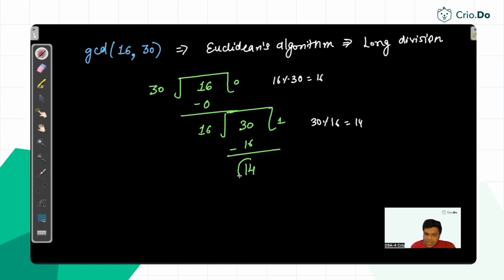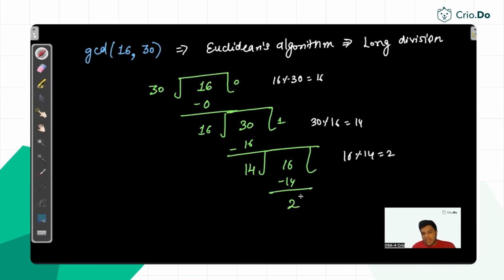Since this remainder is not 0, we again do division. The remainder becomes the denominator, the previous denominator becomes the numerator. This time, 16 modulus 14 gives you 2 as the remainder. Again, it is not done. The division will still continue.